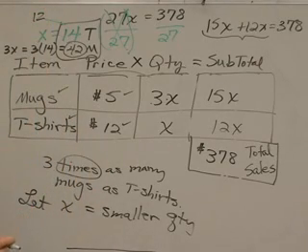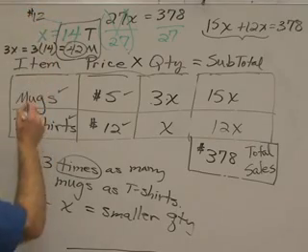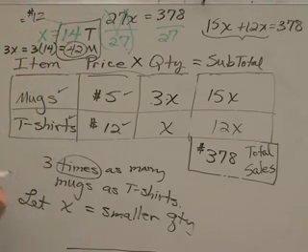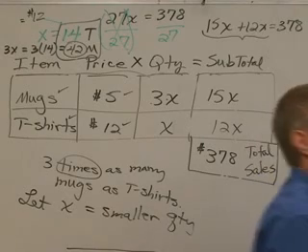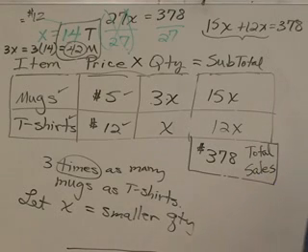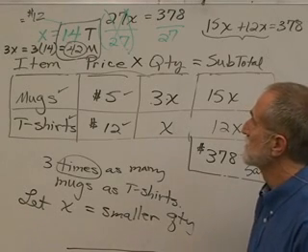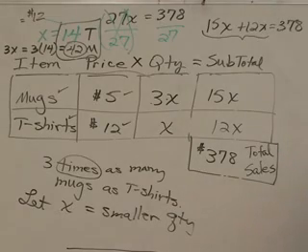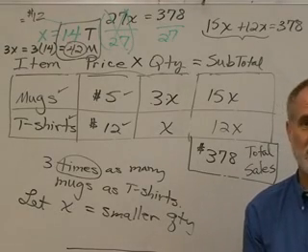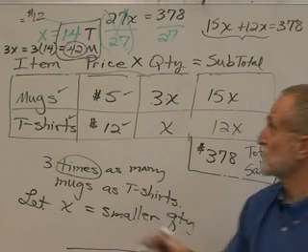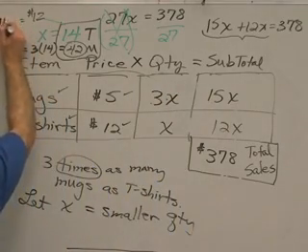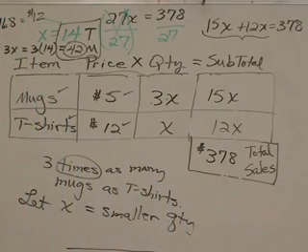As I was looking at that, I was saying, this isn't going to work out right. Okay, what's 14 times $12? 140 plus 28? 168? Does that sound right? Somebody punch it. Yeah, Joyce said 168. So we spent $168 on t-shirts.